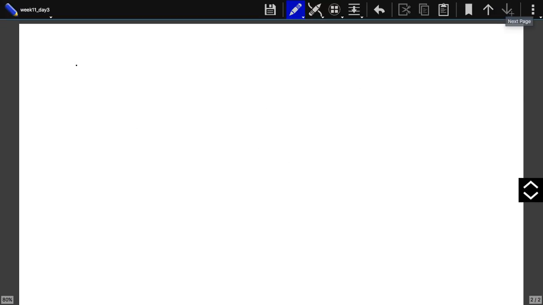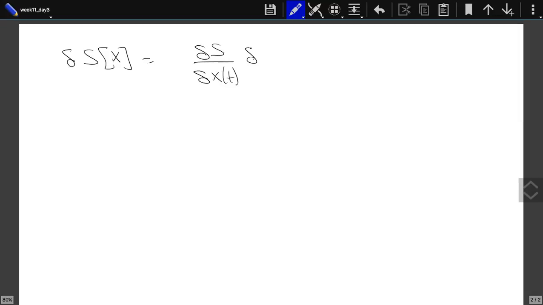For example, if you would like to calculate the variation of S, S being a functional of x and its derivatives, this is nothing but the derivative of S with respect to x at some time times the variation of x, how much you change x. And of course you sum over all possible values of t. So this is how you calculate the variations of functions.